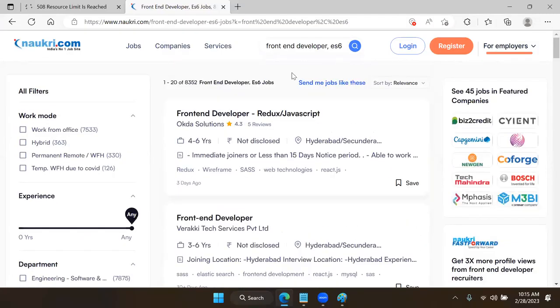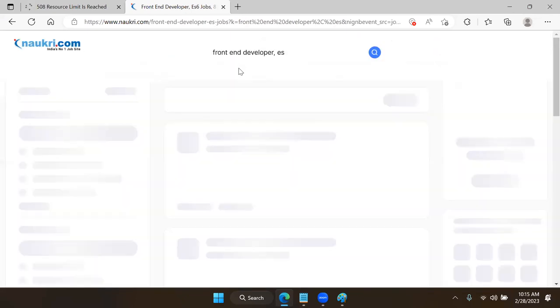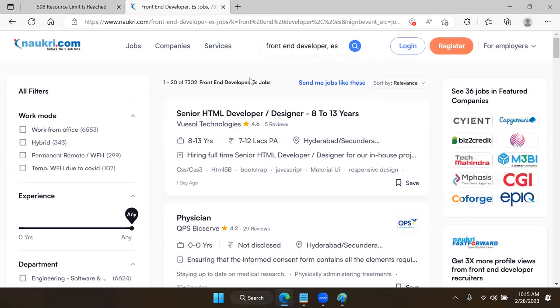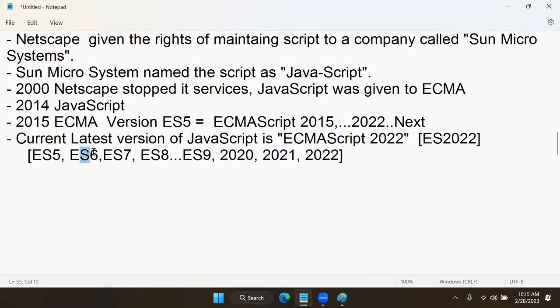So maximum ES6. JavaScript is not used more than that. So in companies, majority of JavaScript is used up to ES6 only. ES7, ES8, 9, so many features are added. We will discuss all the features advanced up to 2022, what new concepts are coming.